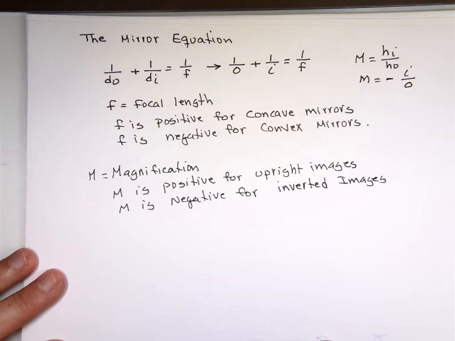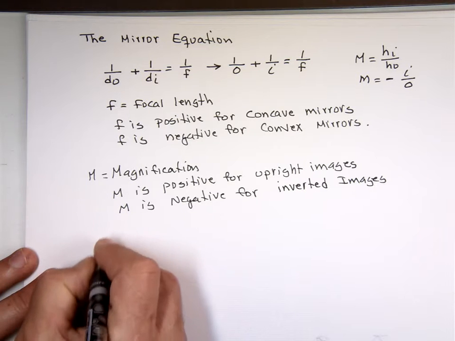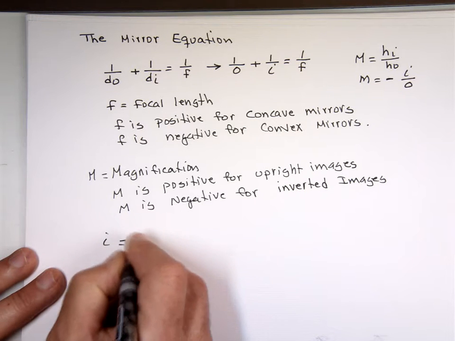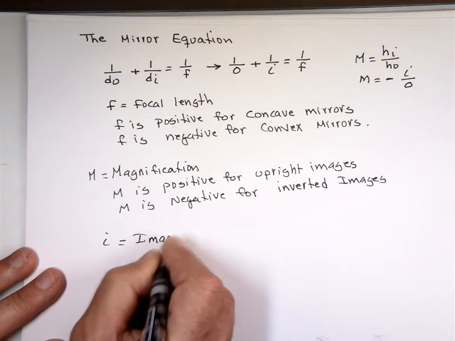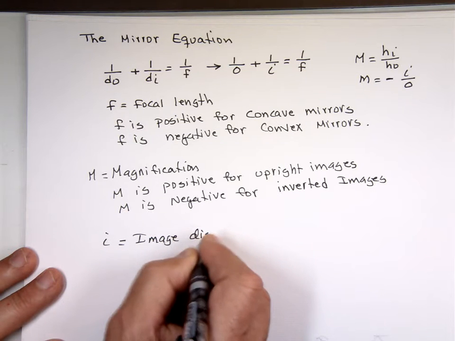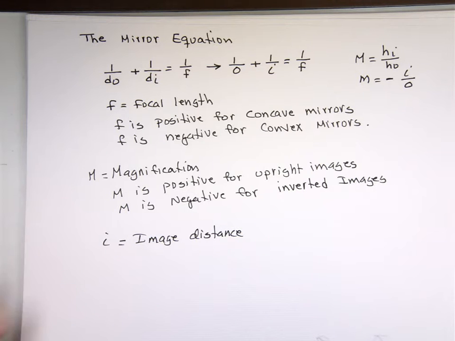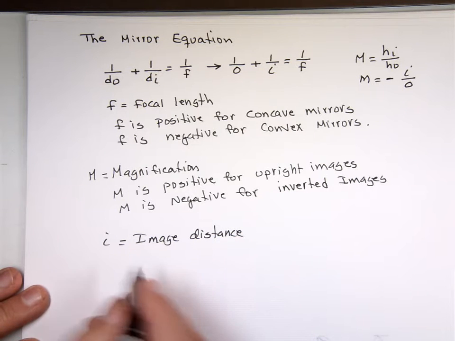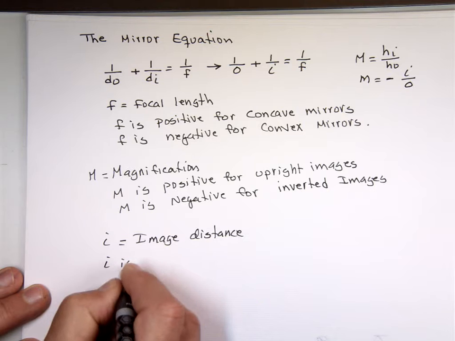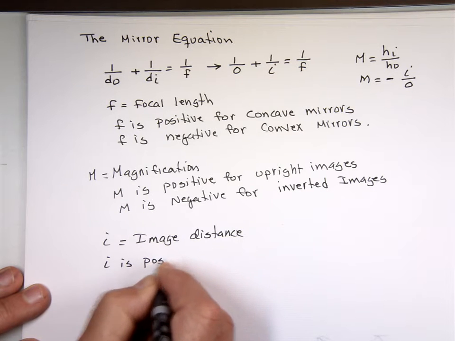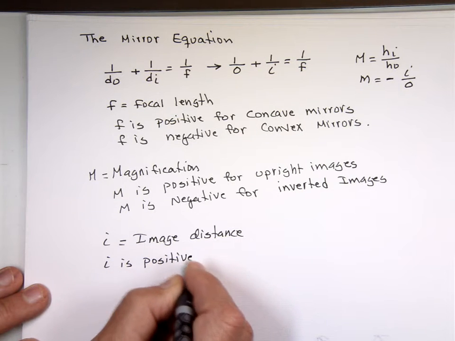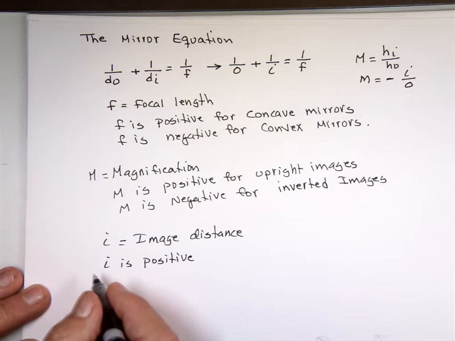I, which is the image distance. When you do the math, the result is either going to be positive or negative. What happens if it's positive? I is positive for real image.